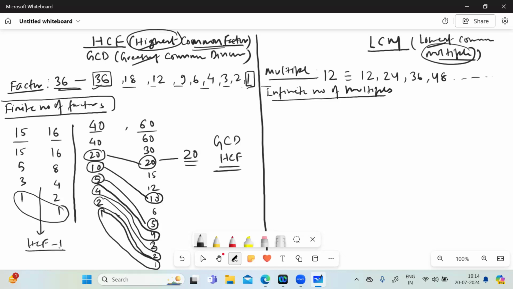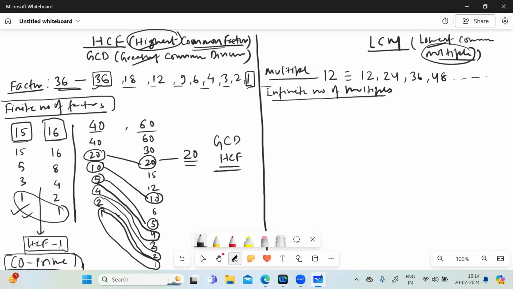And all those pairs or sets of numbers which have 1 as HCF, we will call them co-prime. So you just need to remember this term. Co-primes are those numbers who don't have any common factor other than 1. Okay. So for a set of co-prime numbers, you don't need to have any prime. Like in this case, we have 15 and 16.